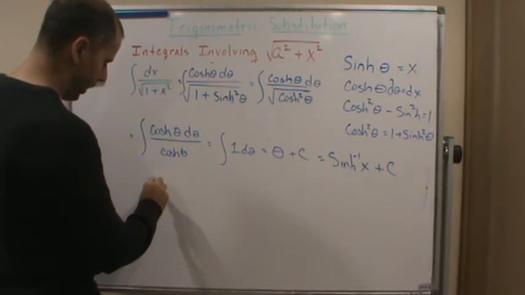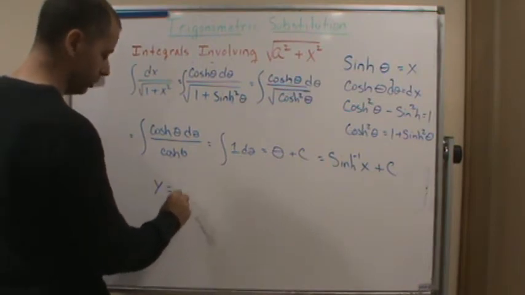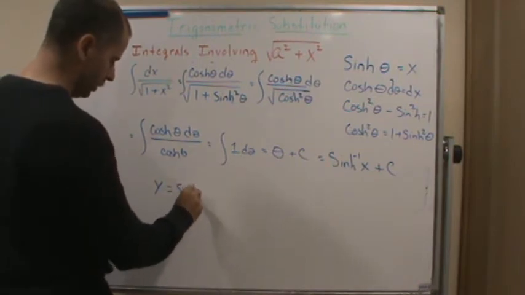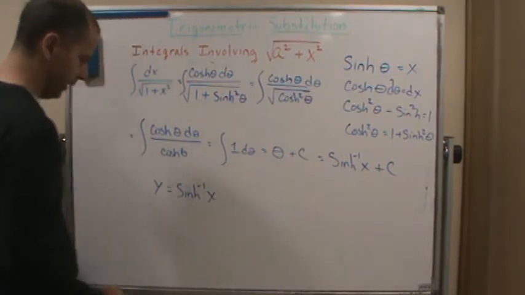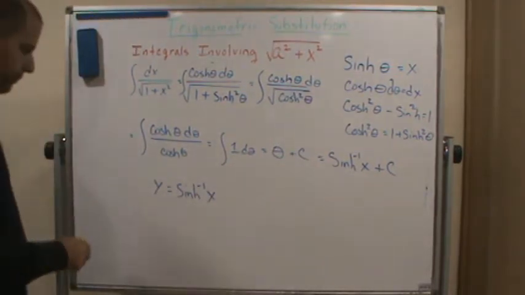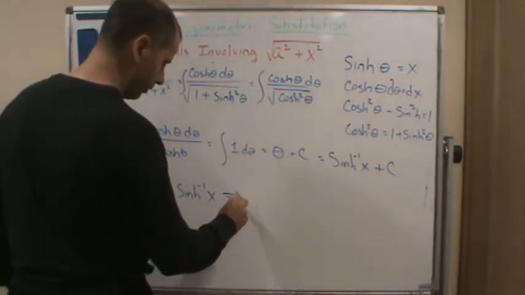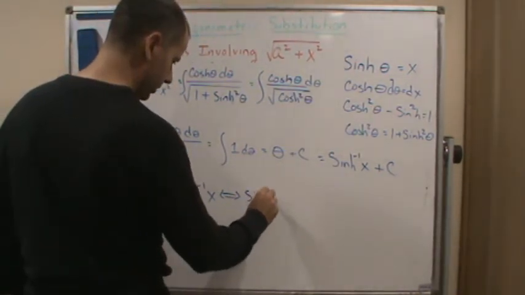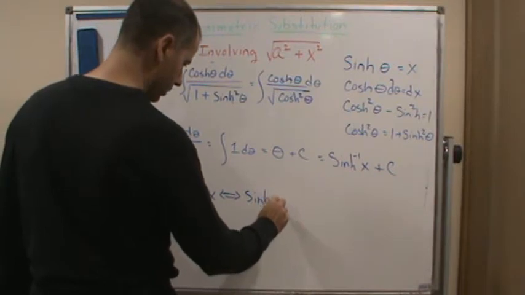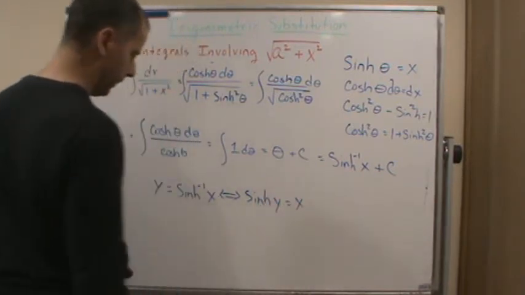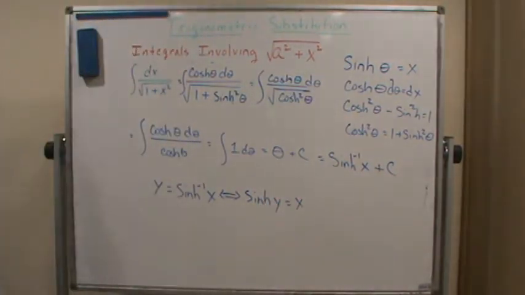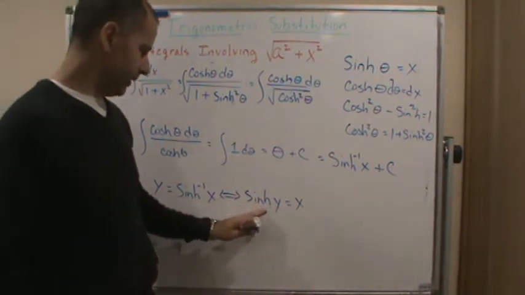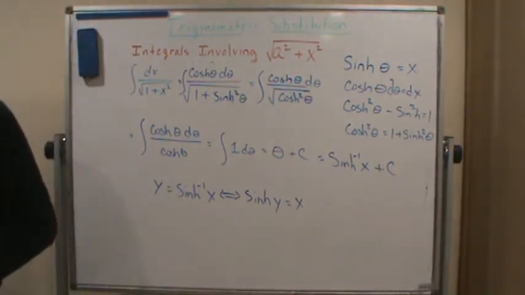Let's say y is equal to this, which then gives us that. So now, what's the definition of hyperbolic sine?